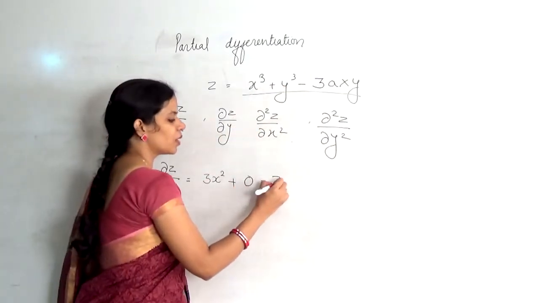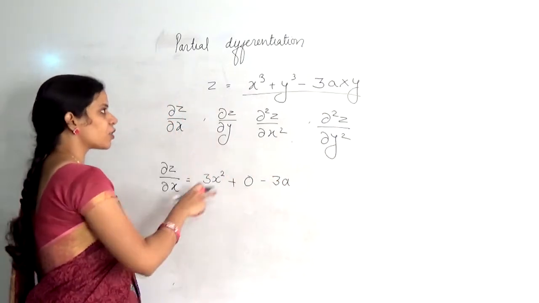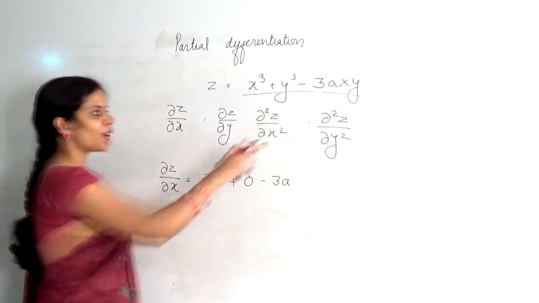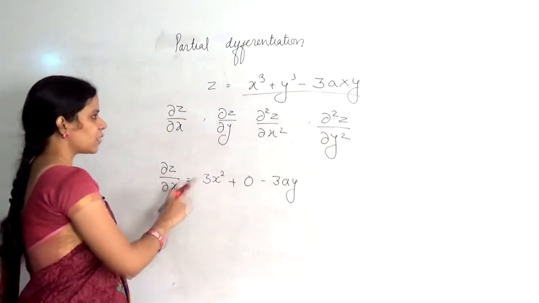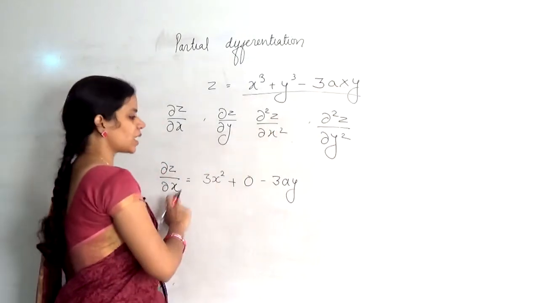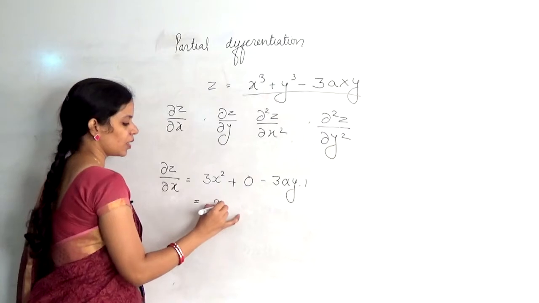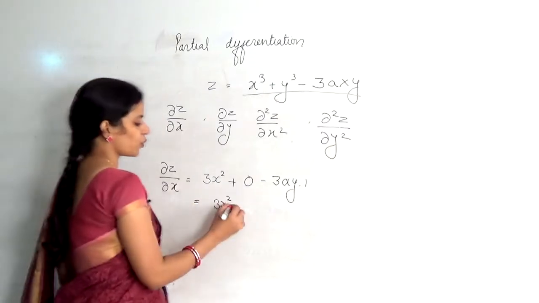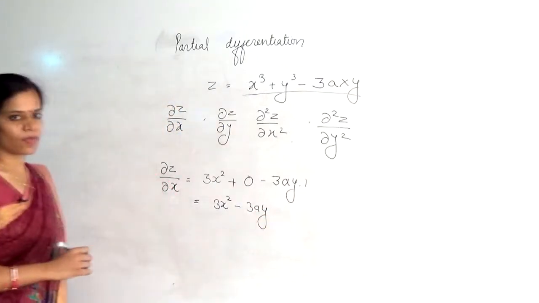Now minus 3a, these are constant terms. Also in this equation we are considering y as constant, so we keep y as it is, and if we differentiate x with respect to x, we get 1. So del z upon del x will be 3x square minus 3ay.